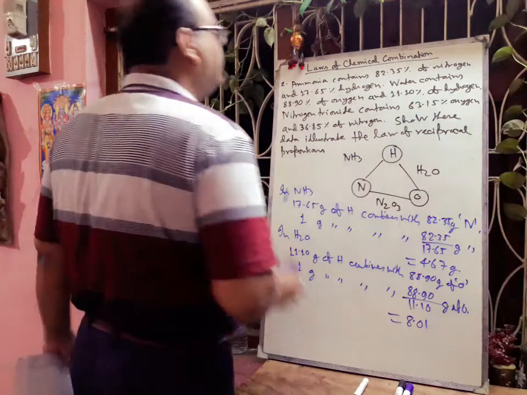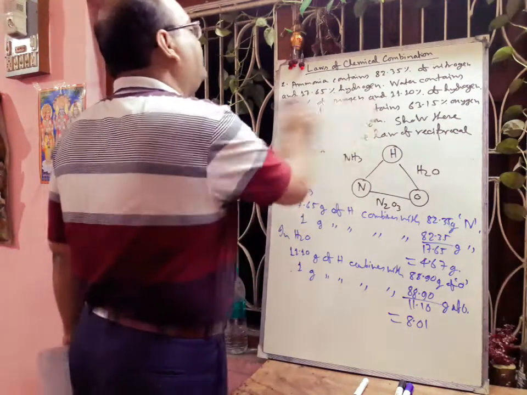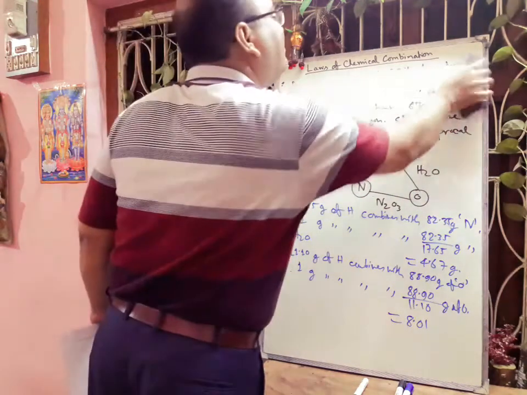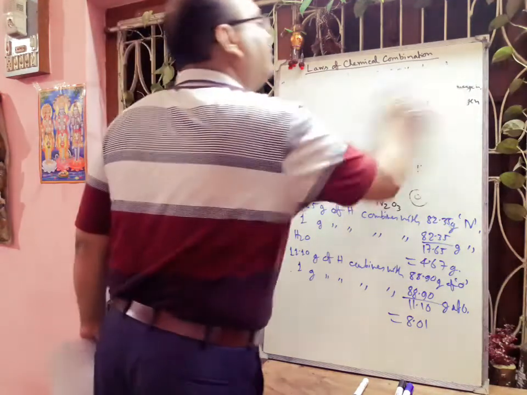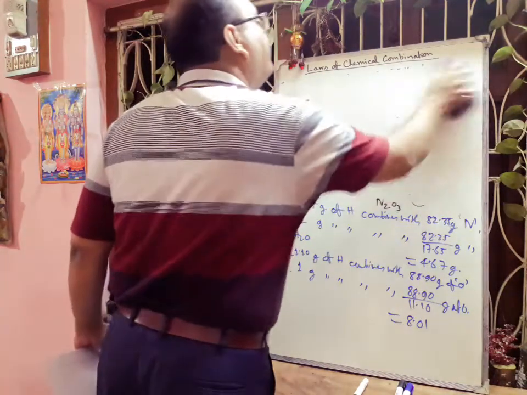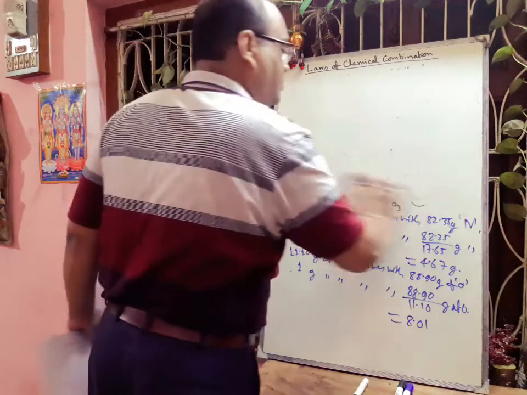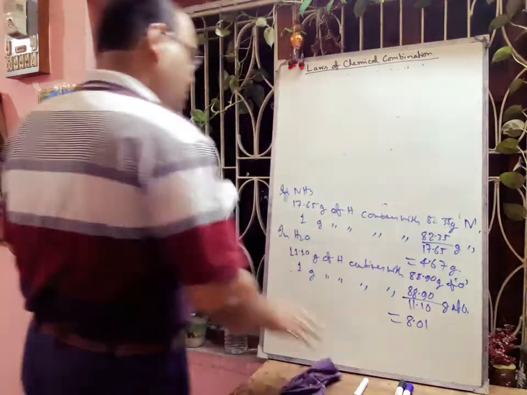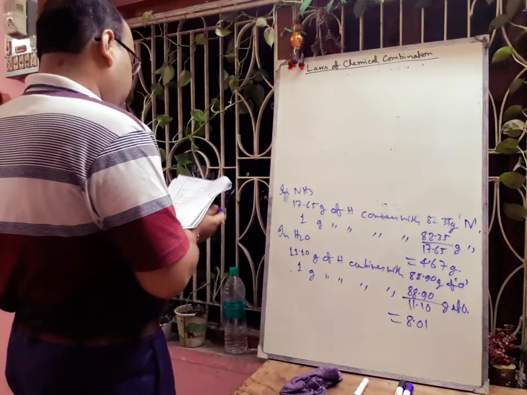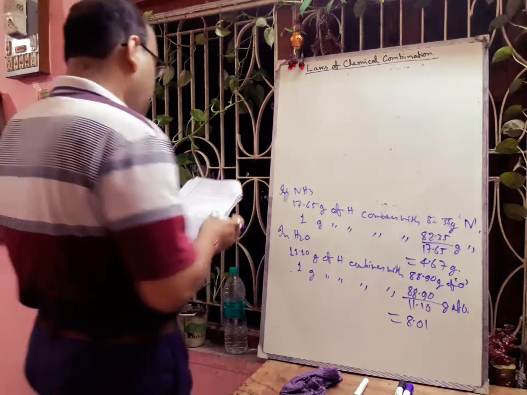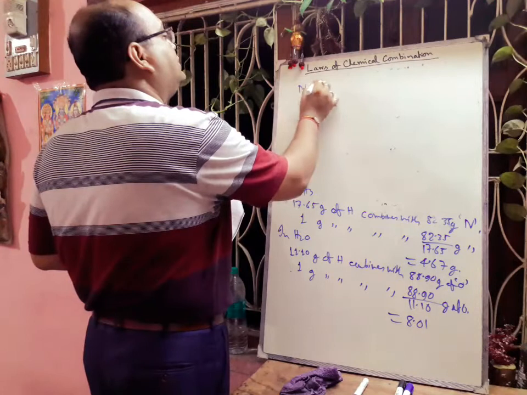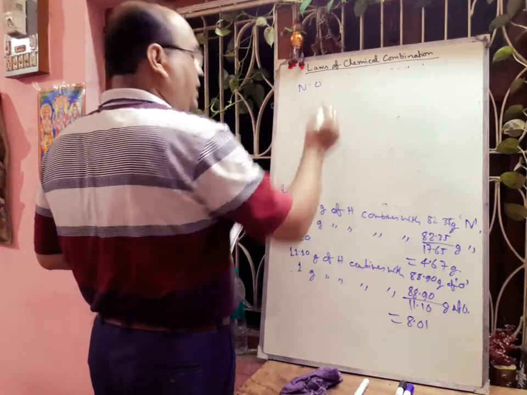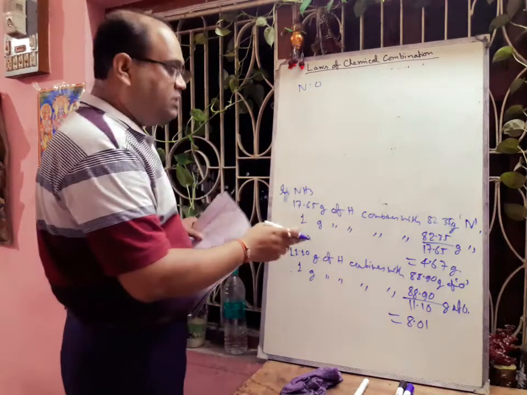Okay. So I am having this problem. Now here, what will be the ratio of nitrogen and oxygen combining with the fixed mass of hydrogen, that is 1 gram?